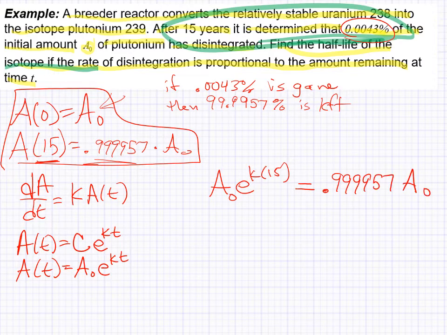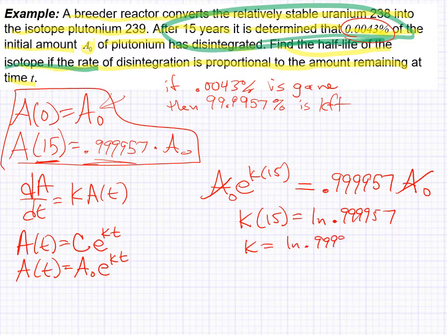Okay? And so if we cancel those out by dividing, and then we get rid of the e by taking the log, we have k times 15 equals the log of 0.999957. Divide by 15, you got your proportionality constant. So log of 0.999957 over 15 will get you your constant.